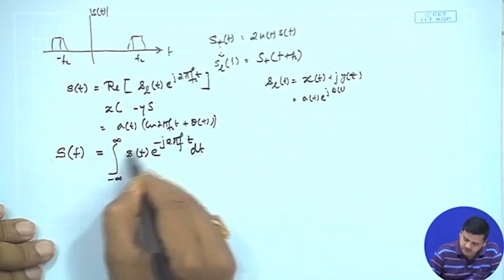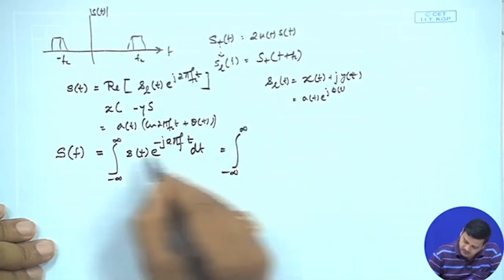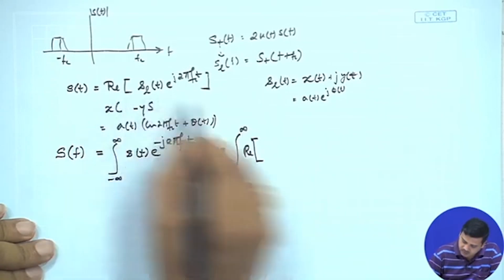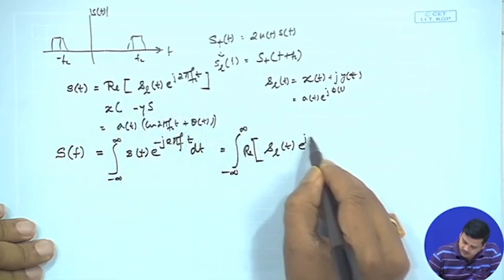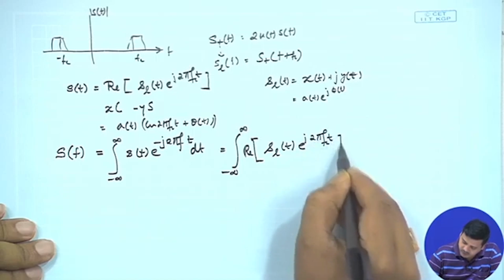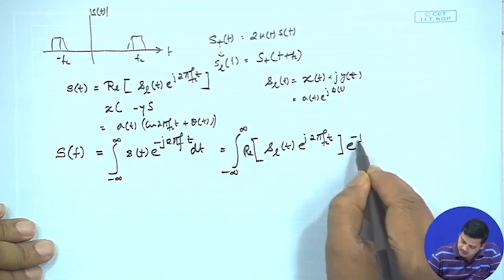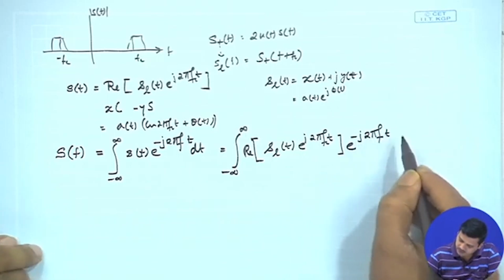This is the Fourier transform of s of t, and here we replace s of t by the real part of s_L of t e to the power of j 2 pi f_c t, multiplied by e to the power of minus j 2 pi f t dt.